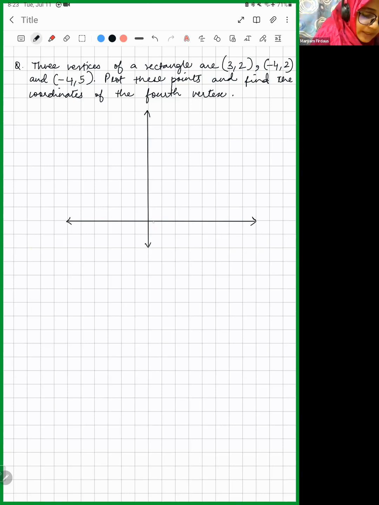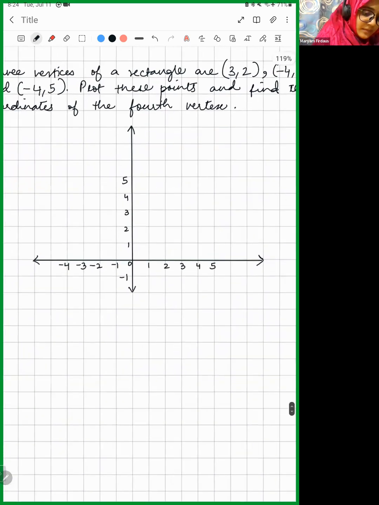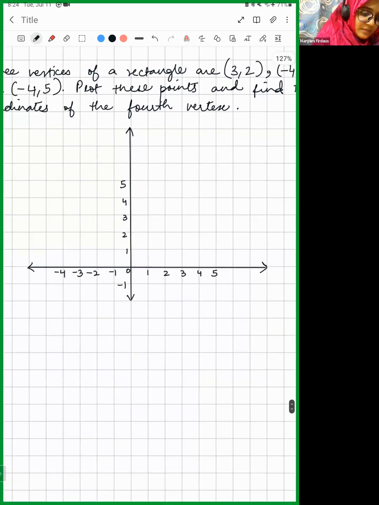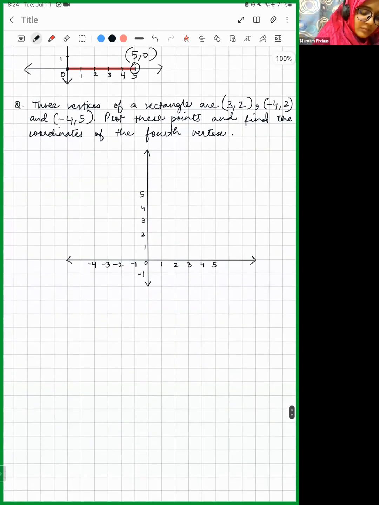Please make your Cartesian plane. Let me know when you're done.